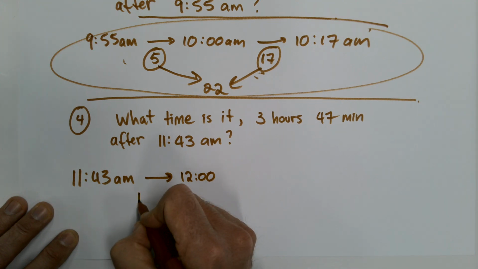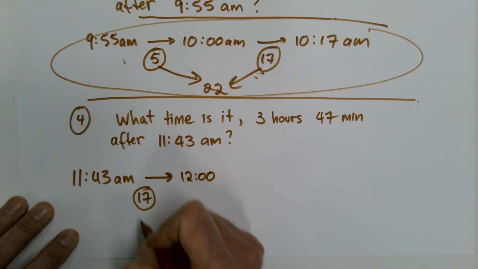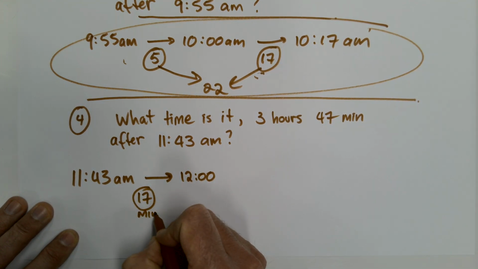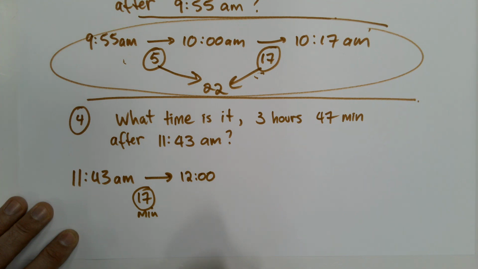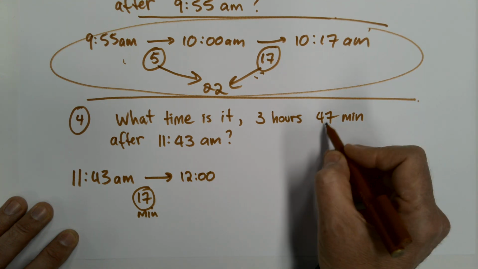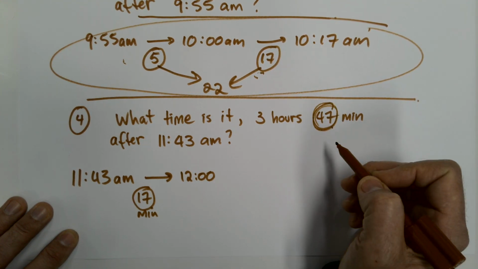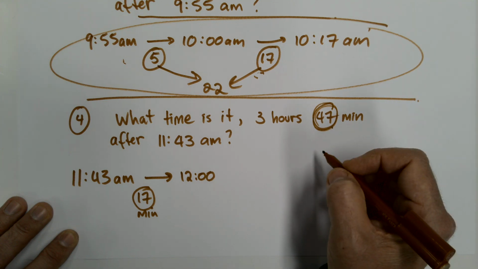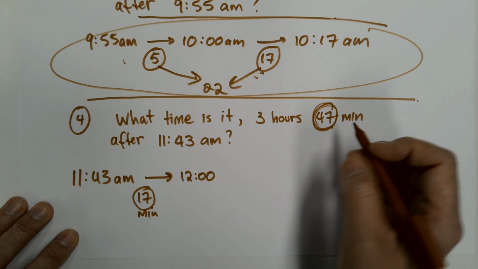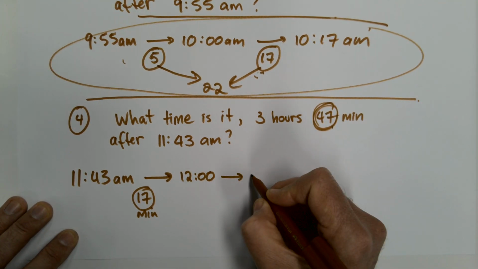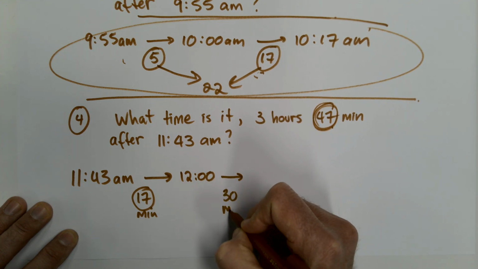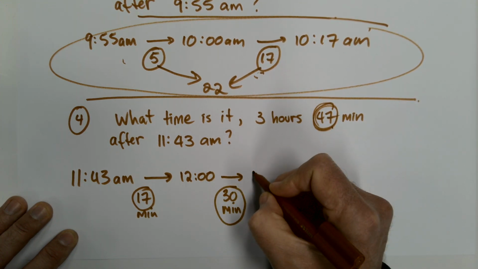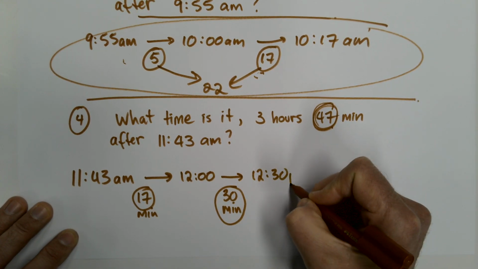Well, we've used up 17 minutes. Yep, okay. So that's 17 of those. So what's left? Well, we've got 30 minutes left. Okay, so let's dial it ahead, 30 minutes. So that's 12:30 p.m.